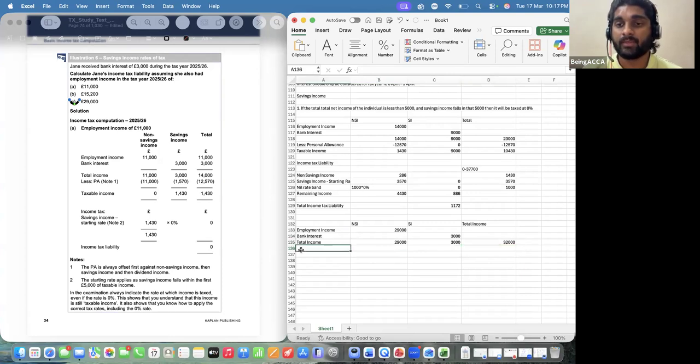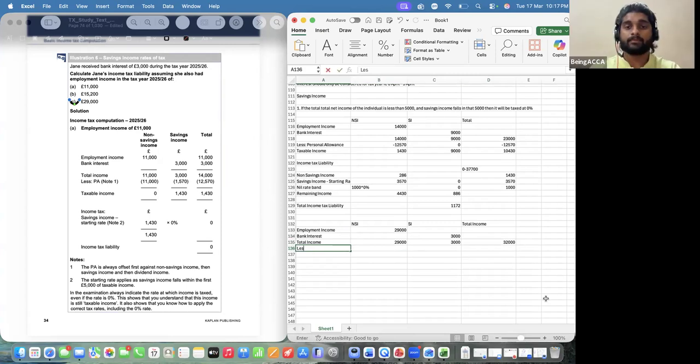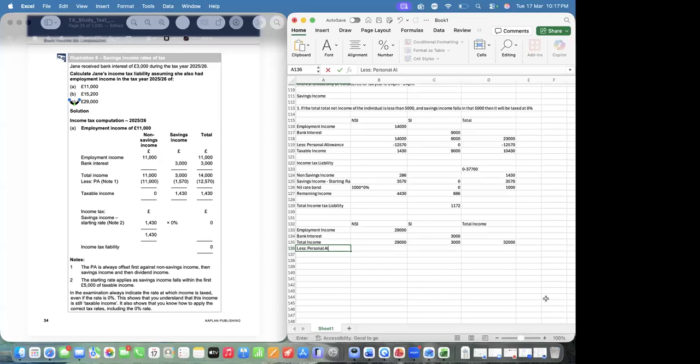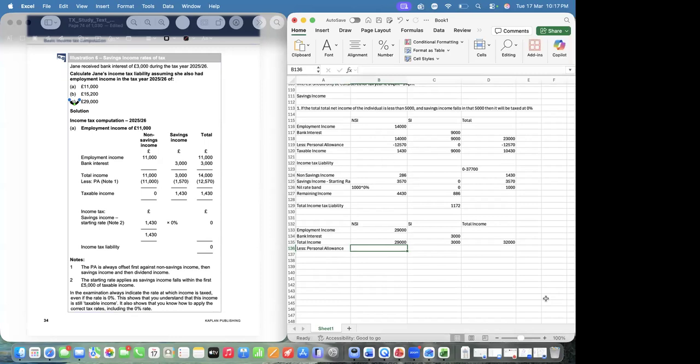It becomes easier. Now, do we have to calculate adjusted net income for this individual? No, sir. So full personal allowance is available? Yes, sir. You forgot about personal allowance, didn't you? No, sir. So personal allowance.